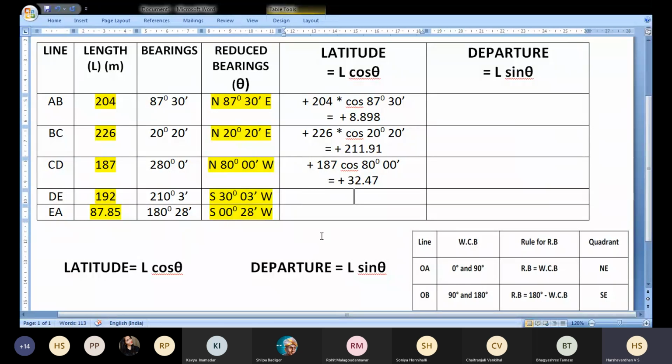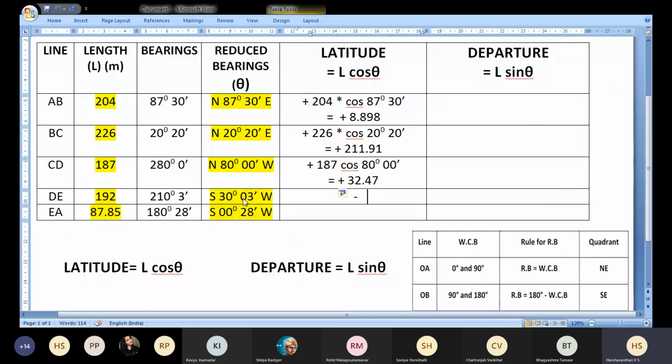Okay, moving on to the next line, line DE. For line DE, the reduced bearing is southwest. Latitude is southwards, so it will be negative.